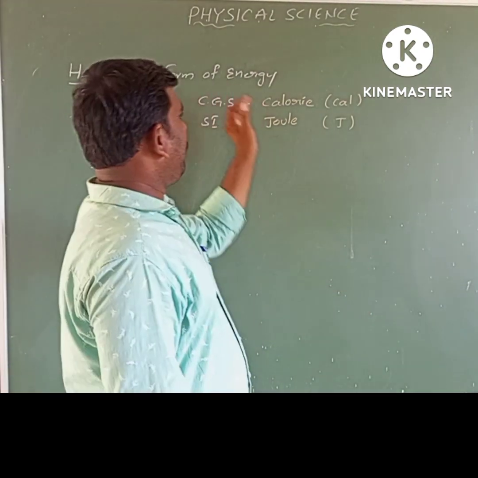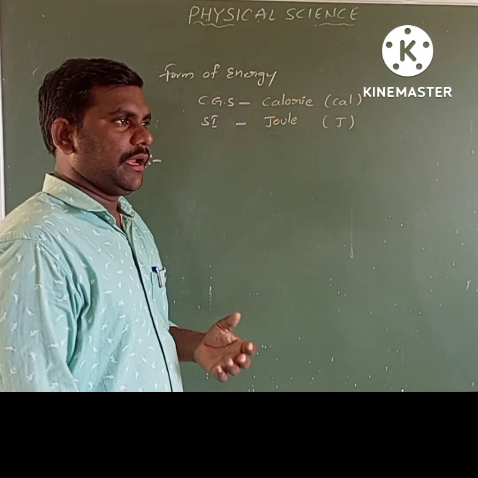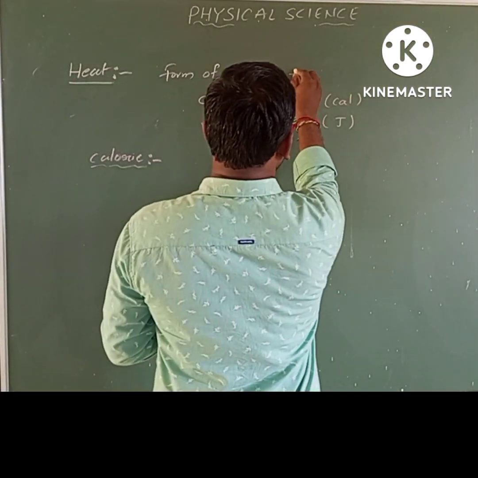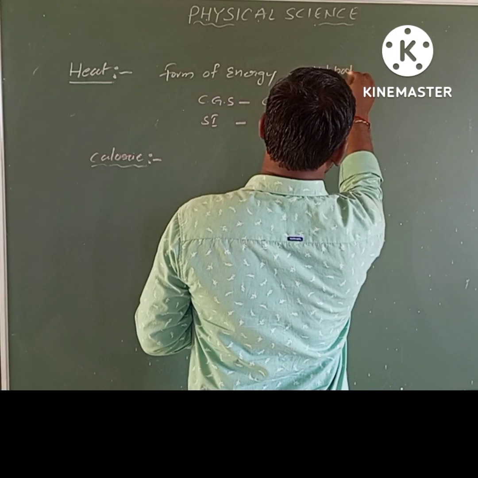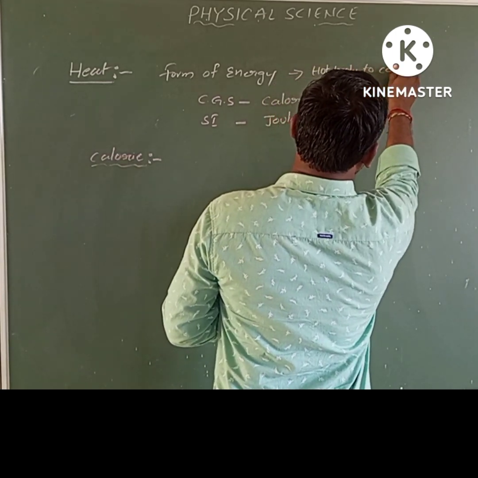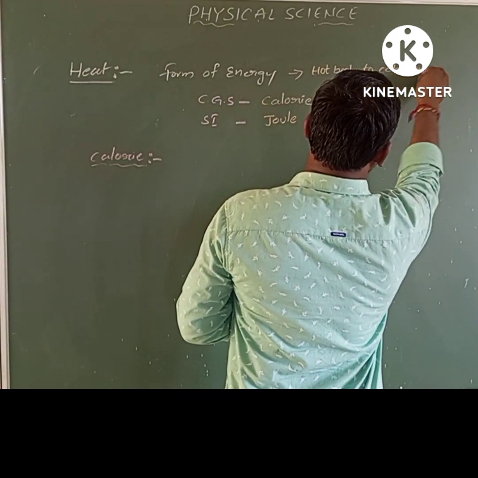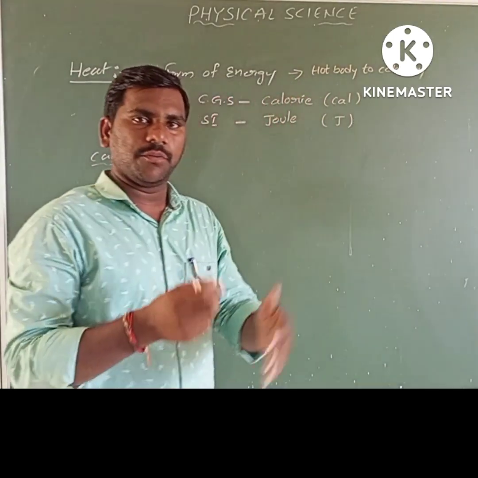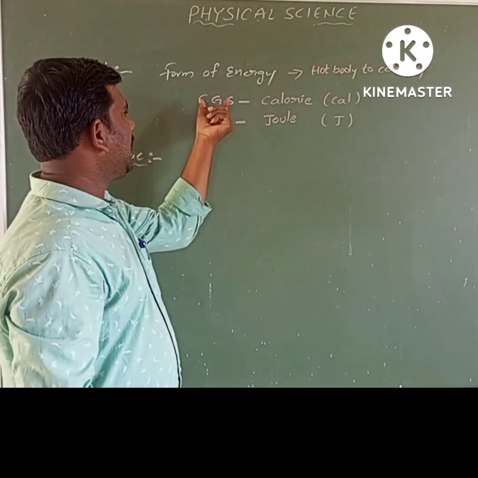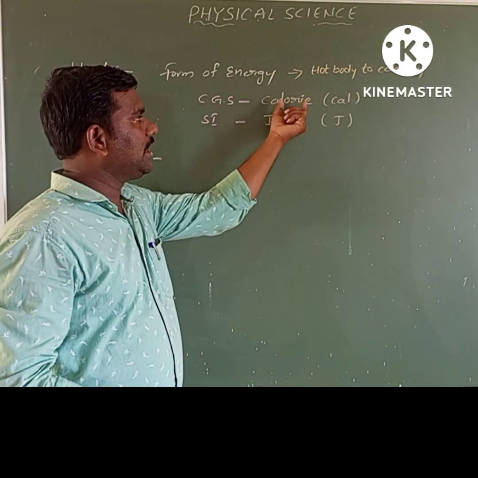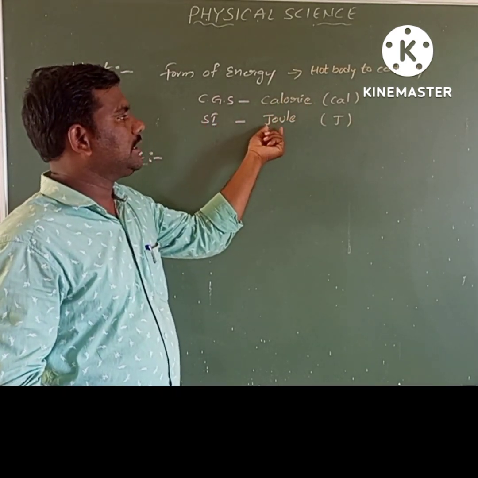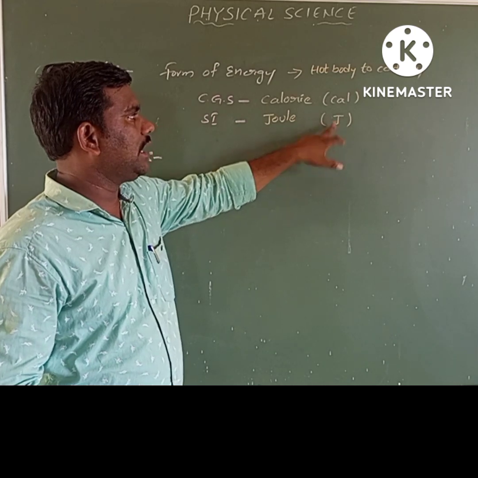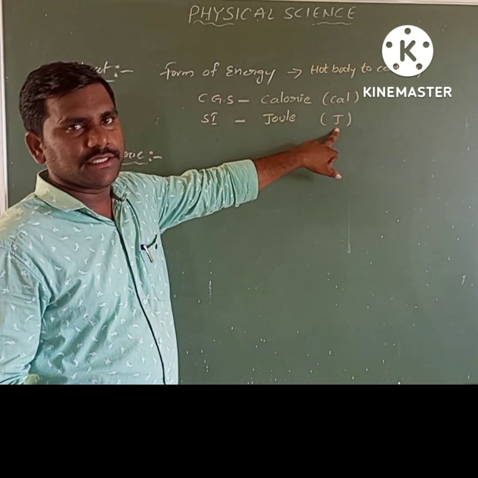So heat is a form of energy. It always travels from a hot body to a cold body. Here the CGS unit of heat is calorie and the SI unit of heat is joule. They are represented as cal and J.